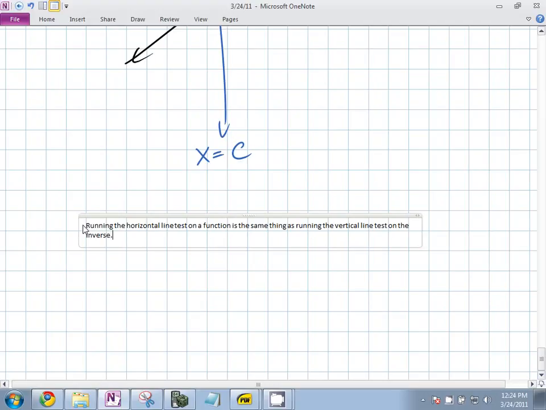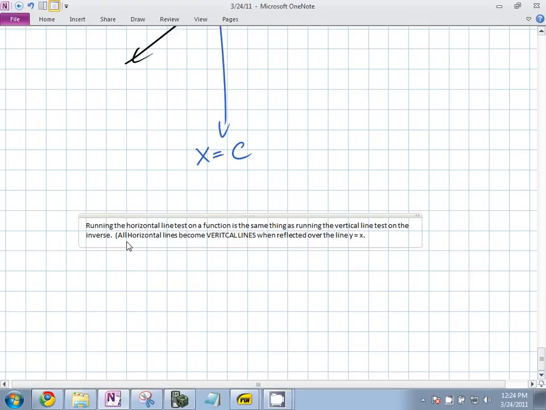Because all horizontal lines become vertical lines when reflected over the line y equals x. I'll make this bigger so you can see it.